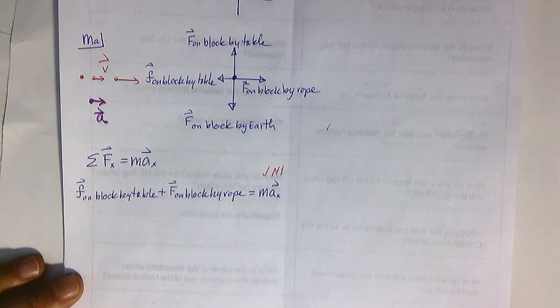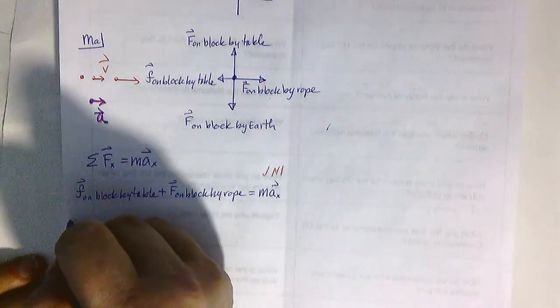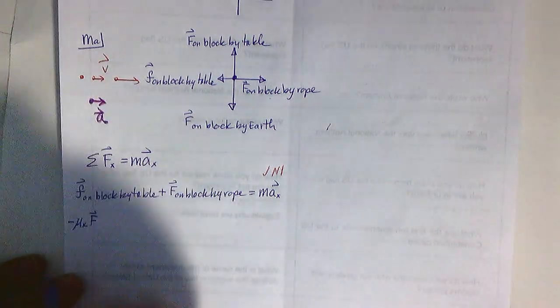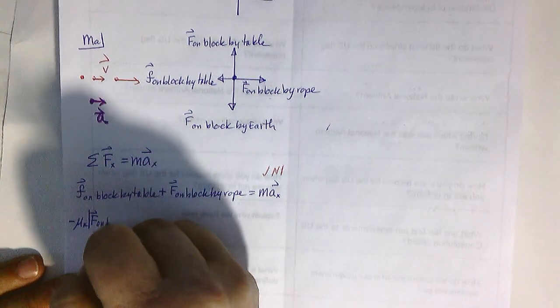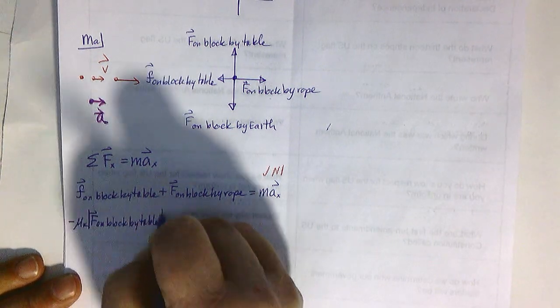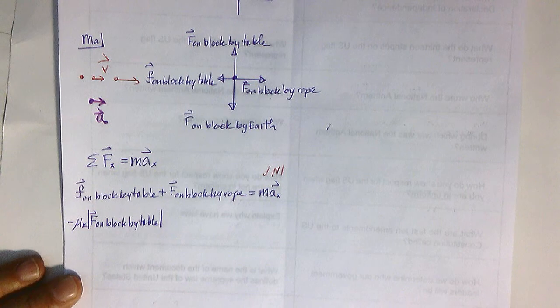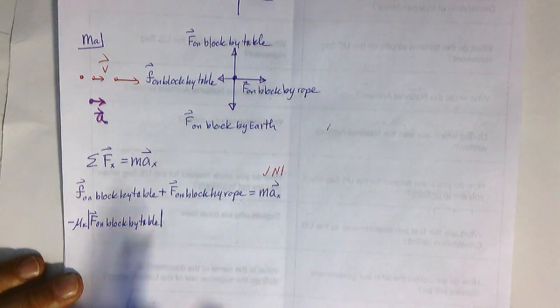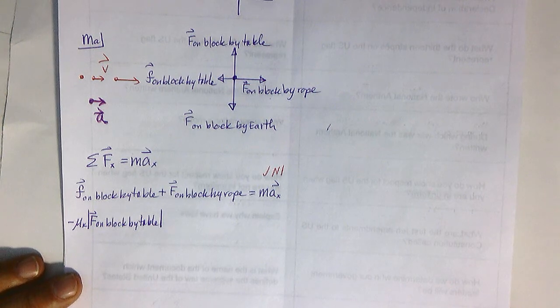Okay, so now we're going to substitute in magnitude and direction. So I have minus mu sub k times the magnitude of the normal force, force on block by table. Now you may be saying, wait a minute, Dr. H, you just put a vector sign on that. Yes, I did, but I also put absolute value bars. I'm writing this different ways so that you understand all the ways that you can indicate a magnitude.